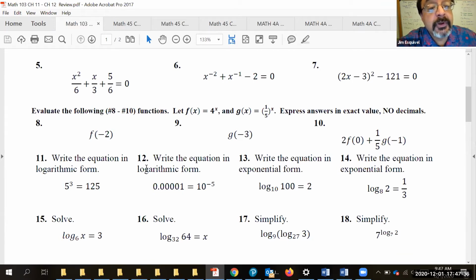Question 12, write this as a logarithm. 13, write this as an exponential function. Question 14, write this as an exponential function. You're not doing anything but converting. Your entire chapter 12 is going to depend on whether or not you can convert.